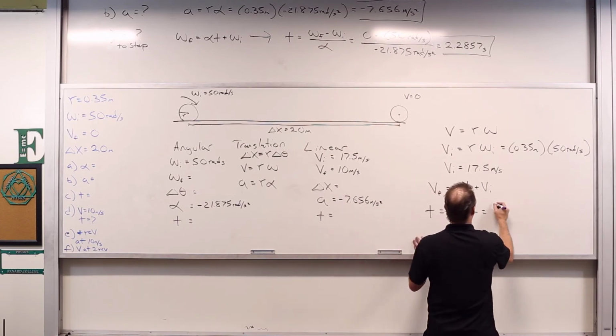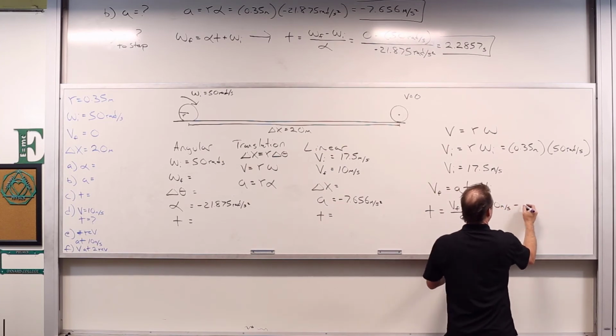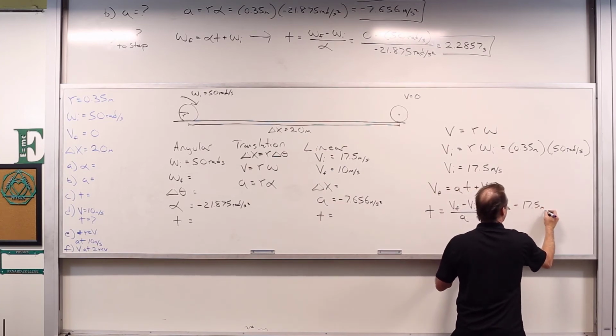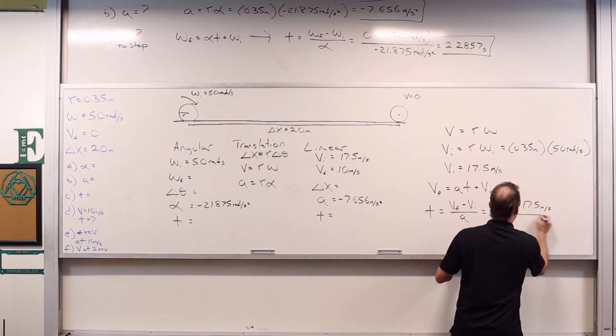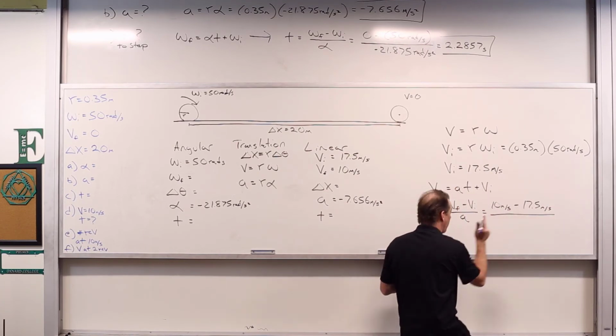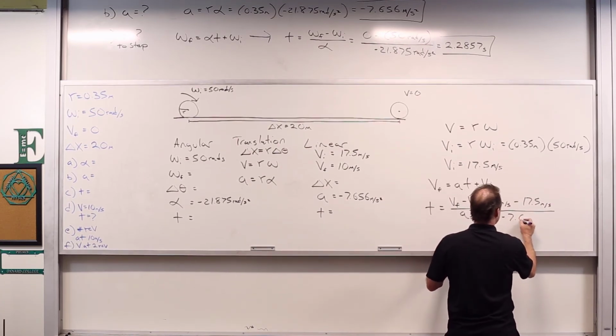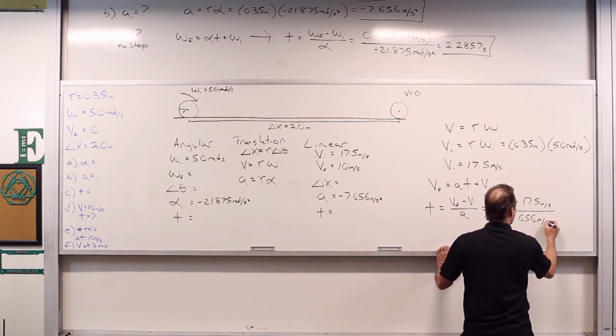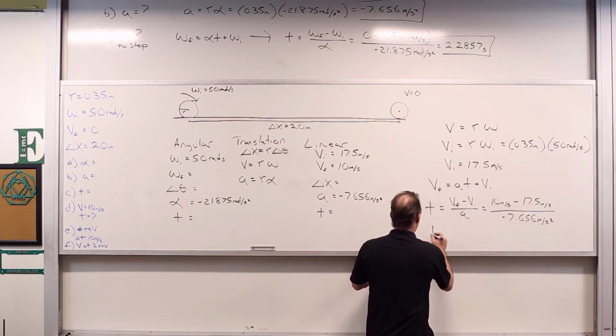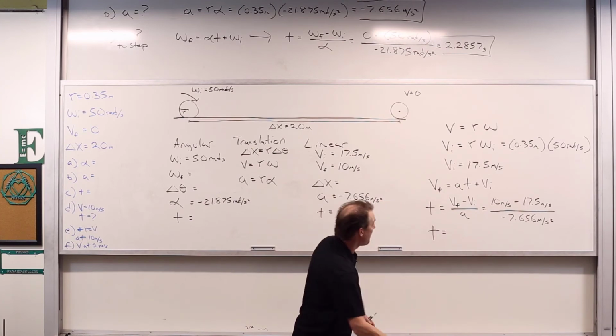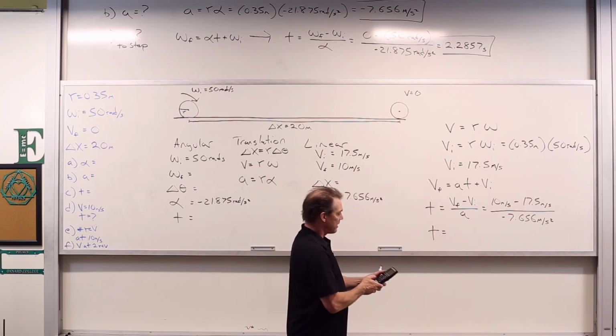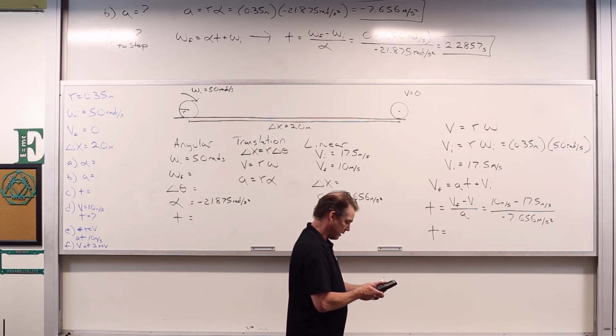The final is 10 meters per second. The initial was 17.5 meters per second. And the acceleration was negative 7.656 meters per second squared, which gives us the time being equal to negative 7.5 divided by negative 7.656.